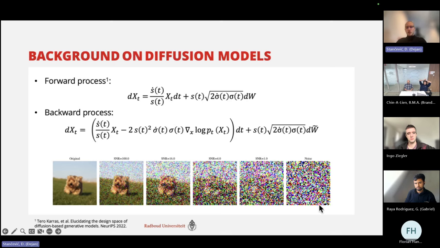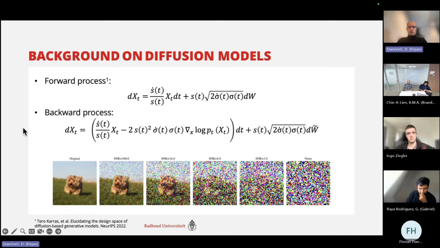And once we want to sample an image, we start from pure noise, usually Gaussian, and then we follow a denoising process, which is governed by this backward stochastic differential equation. Basically, the only thing that we don't know is this score term here, the gradient of the log probability. Usually a neural network is trained to approximate this score, and then we can just plug it in and solve this backward SDE and generate a clean image.